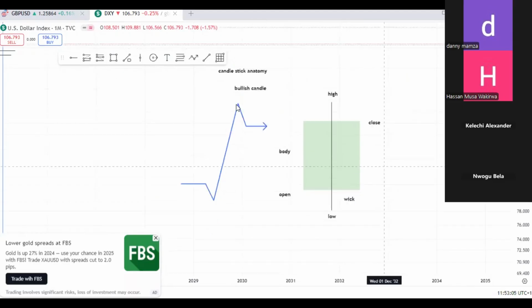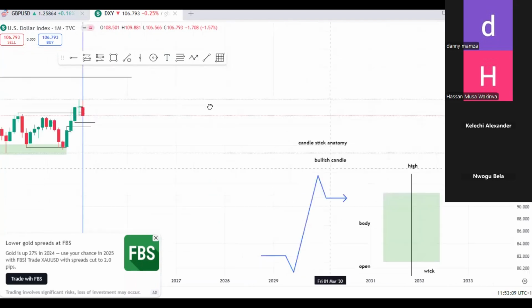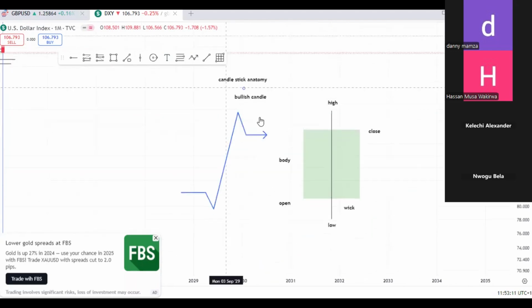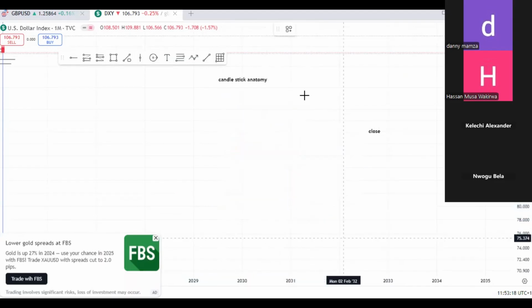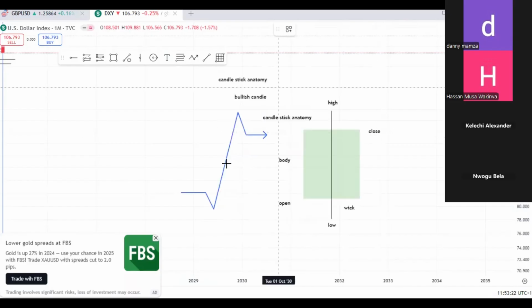Now let me give you an example for a bearish candle. So let me erase this and then give you an example for the bearish candle. Or let me just do it like this. I'll just edit it.